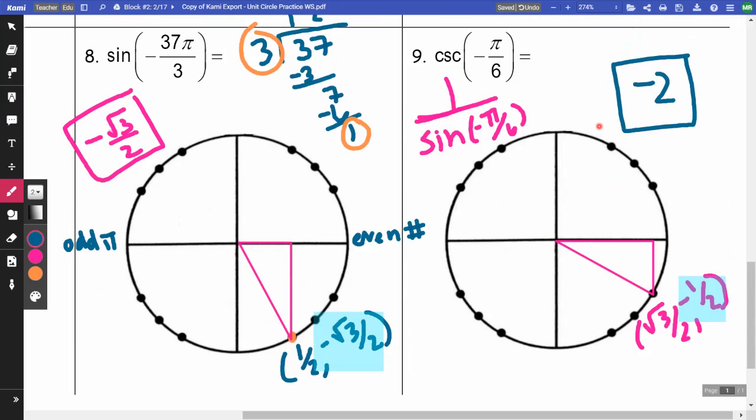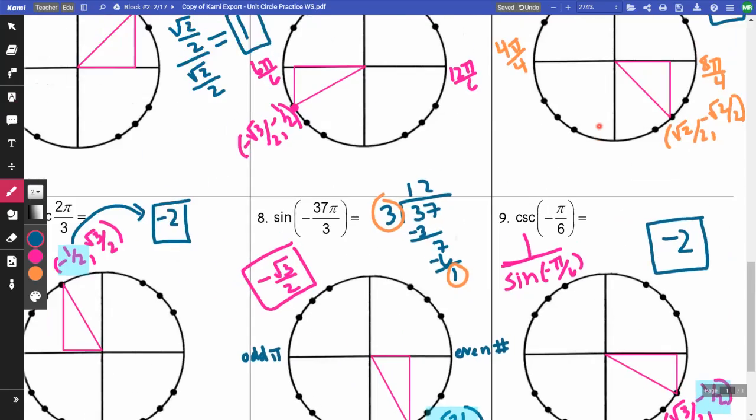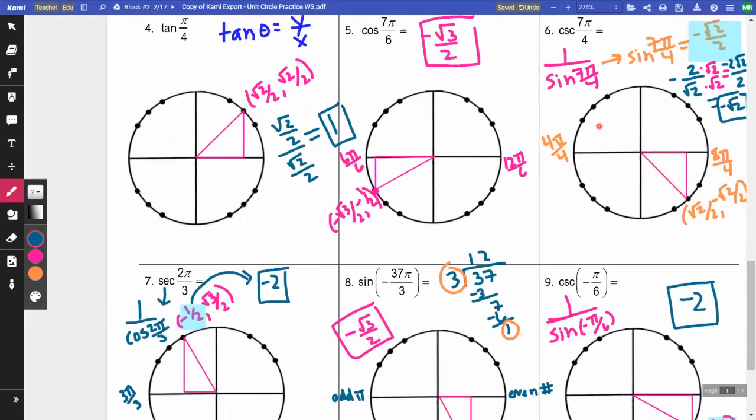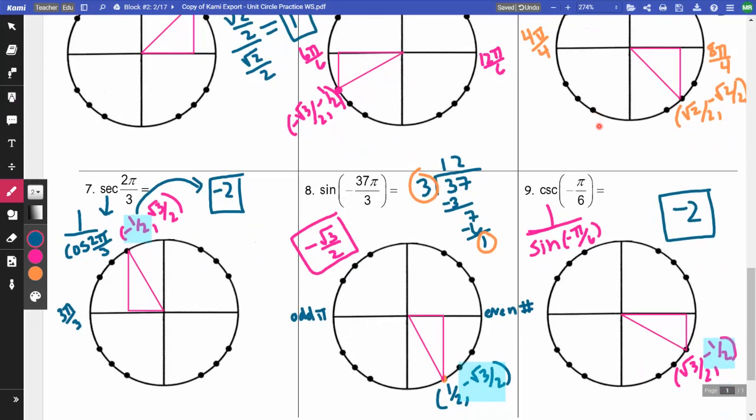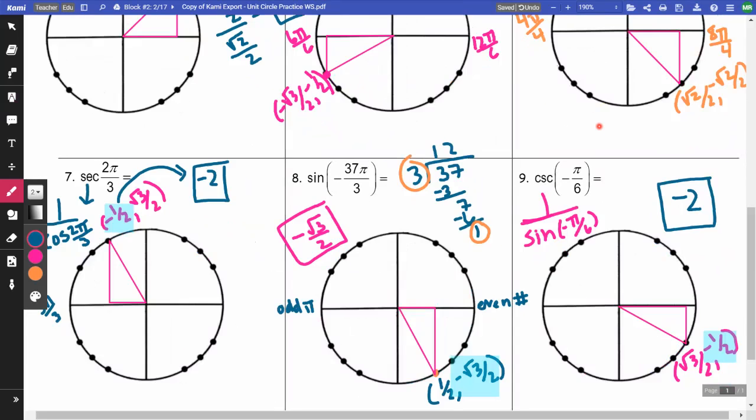Okay, so hopefully this helps a little bit. We're going to be practicing these, but you need to make sure you really know that unit circle. You need to know where your thirds, your sixths, your fourths are. Remember, 6 would be smaller if I'm cutting this into 6 pieces.